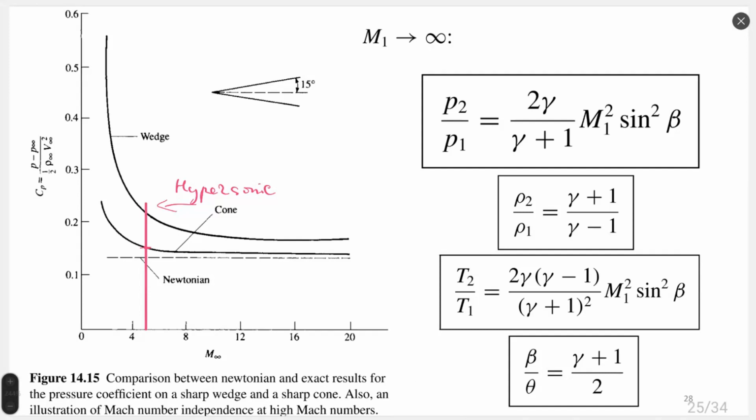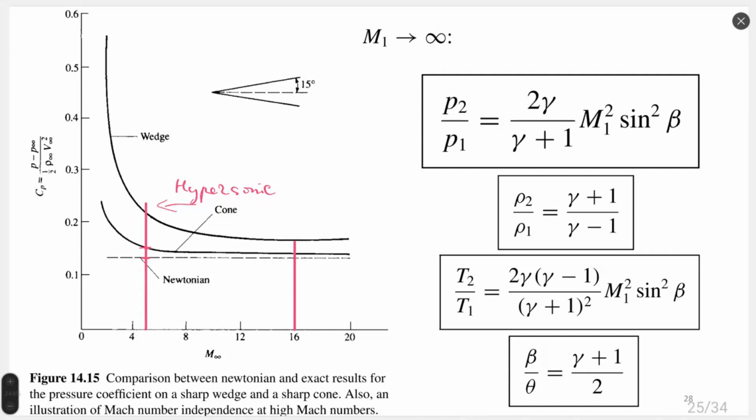But between cone and Newtonian theory there is already a very small difference. Already at Mach 12, 16, it becomes more visible that the Newtonian solution approaches the real flow around cone and wedge. Of course, wedge is more distant from Newtonian theory and cone is closer to Newtonian theory.